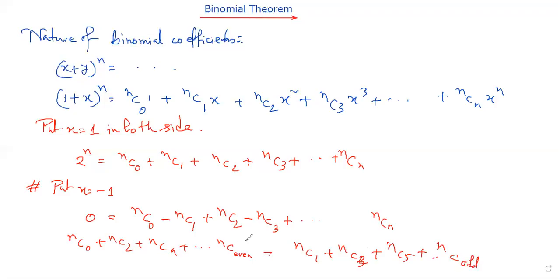So basically these two sums are equal to each other. Together they make the total 2 to the power n, so each should be 2 to the power n by 2, which is 2 to the power n minus 1. This is the nature of the binomial coefficients that we can find.